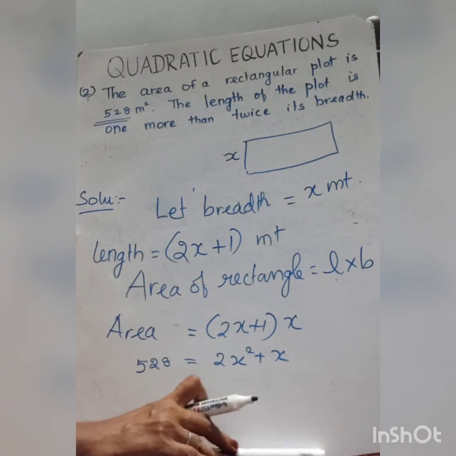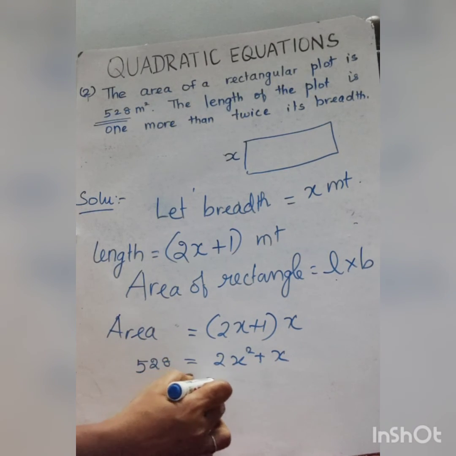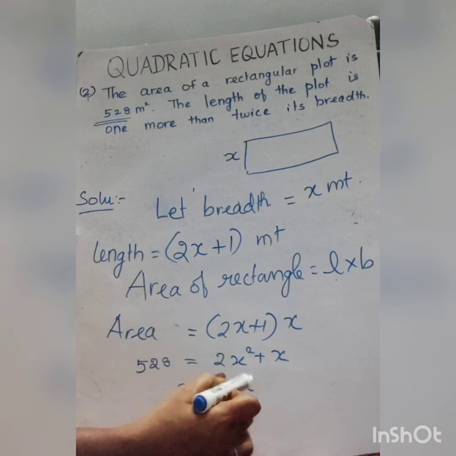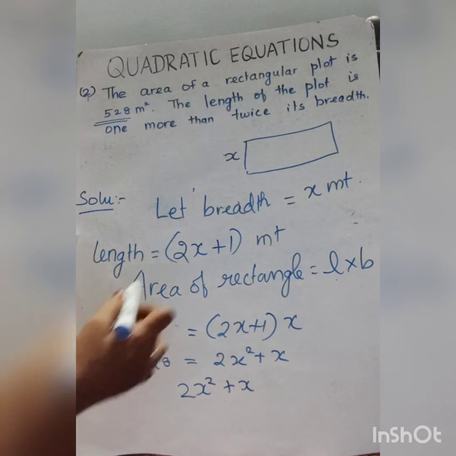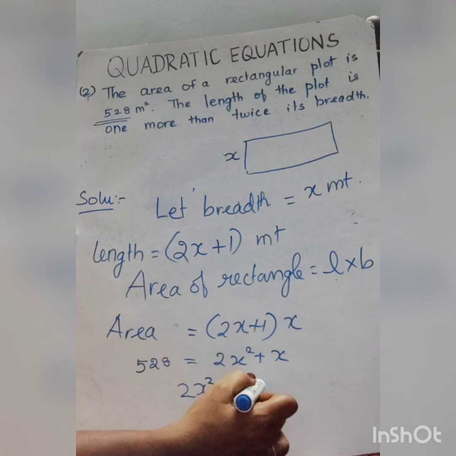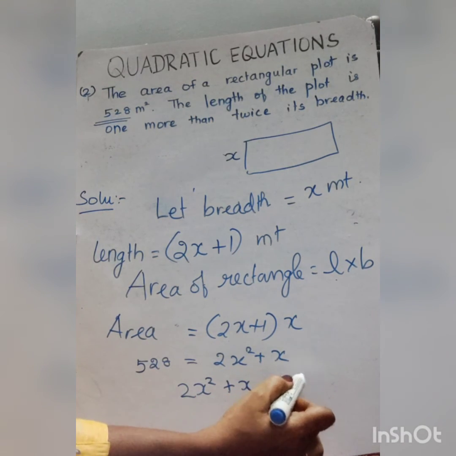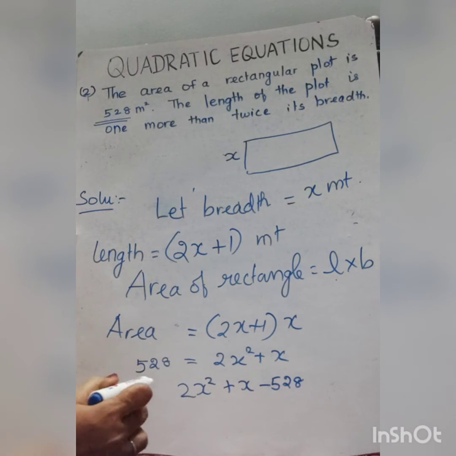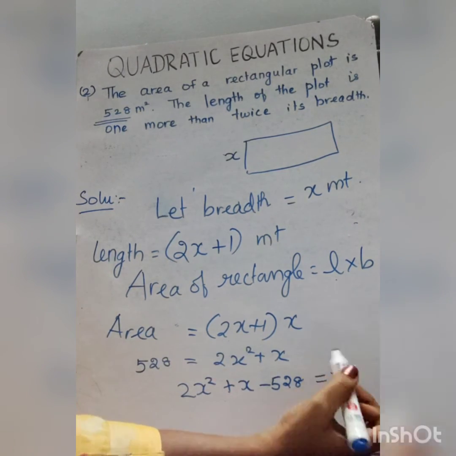So finally we have 2x square plus x, and let me write 528, which is in the left hand side, can be written as minus 528 in the right hand side. So everything is equal to 0. So I can even write here 0.